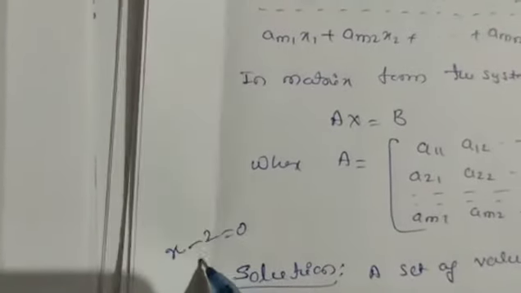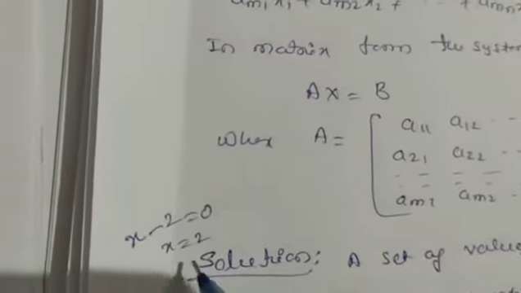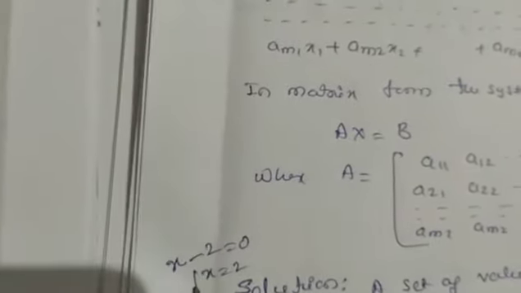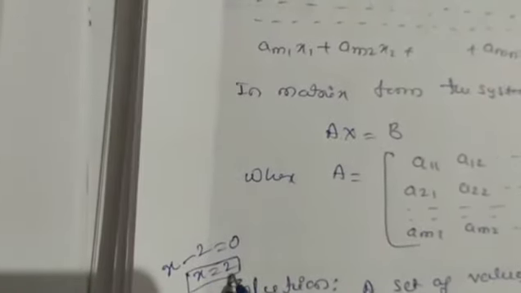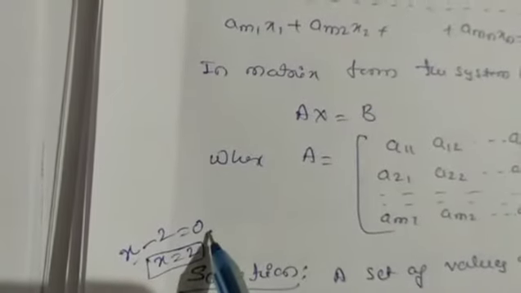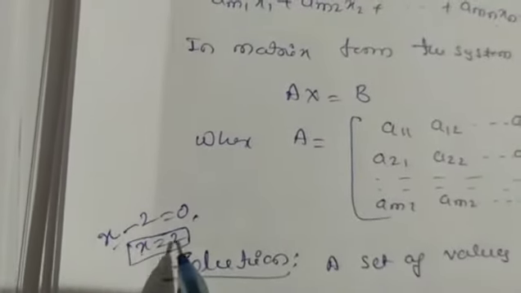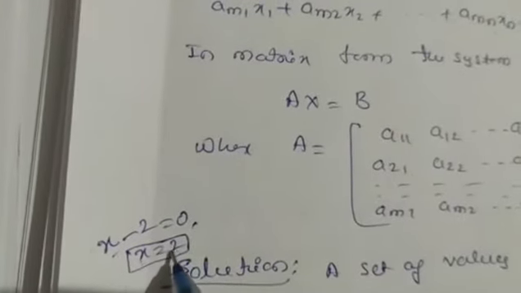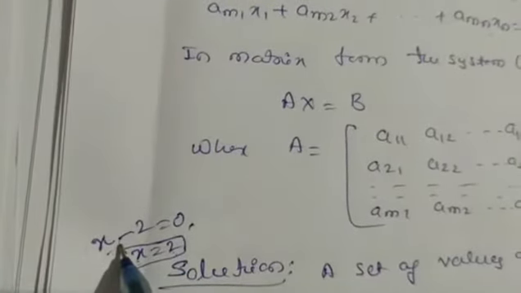The solution of this equation is x equals 2. How can we say it is the solution? If you substitute the value of x as 2, then you will get the RHS as 0. That is, the value of x satisfies this equation, and that is called a solution.